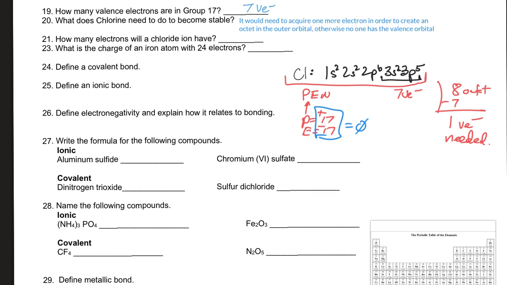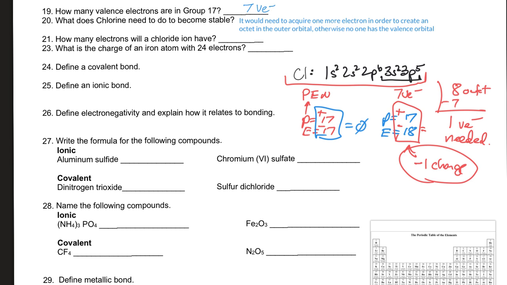At this point, the proton count is going to be 17, but the electron count, with that additional electron, will be a total of 18. So if we put in the charges, plus for protons, minus for the electrons, let's write it at the bottom, it would become a -1 charge. That's what would happen if the chlorine were able to acquire that, and when it does, it becomes an ion. So the charge that it would have, or how many electrons will it have?